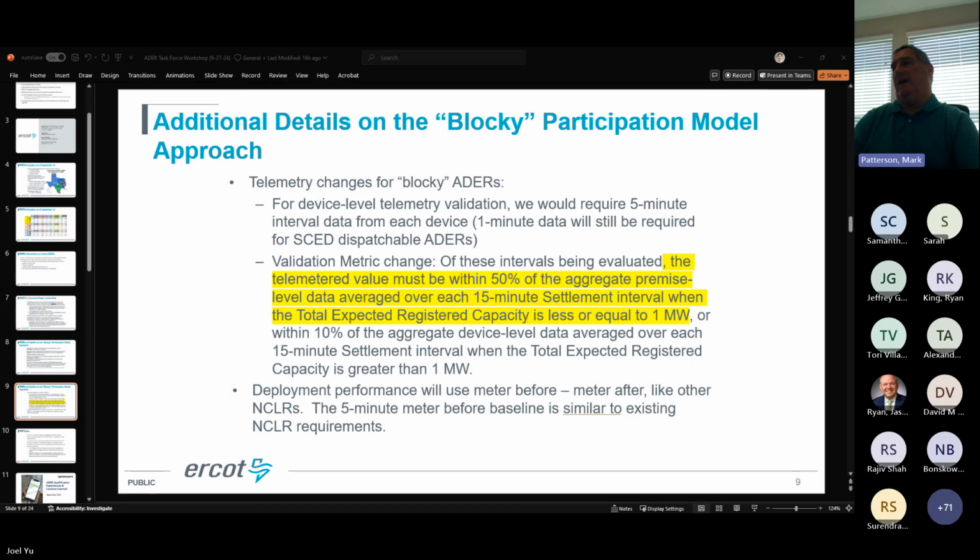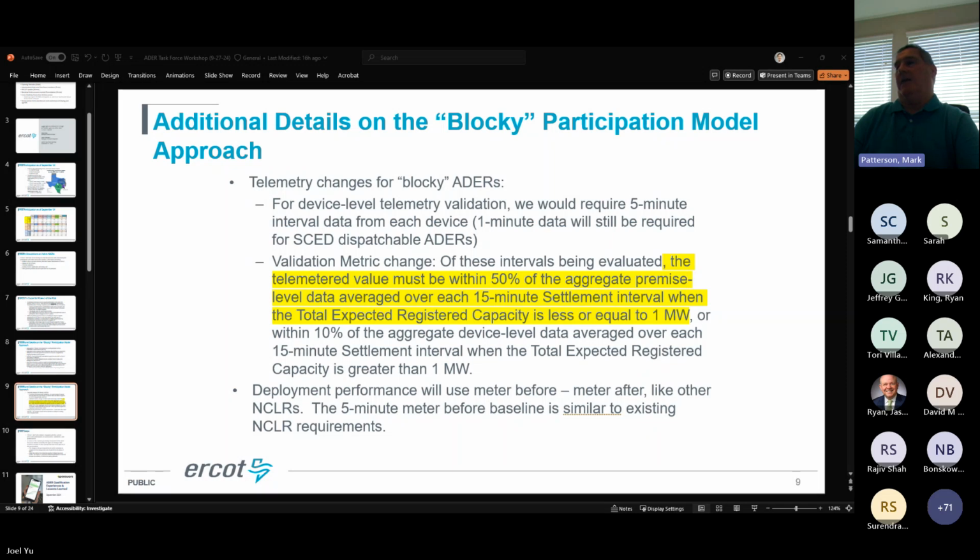So if the aggregation is smaller than 1 megawatt, we're proposing that part of the metric, which currently says that the telemetry value must be within 10% of the 15-minute settlement interval meter data.